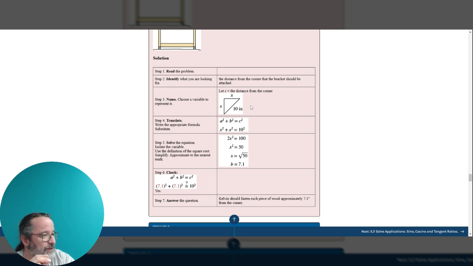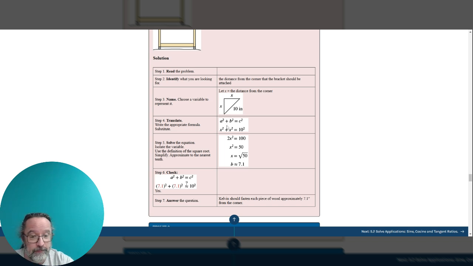Does anybody know what a triangle with two equal length sides is called? Isosceles triangle. Any triangle with two sides that are equal in measurement is called an isosceles triangle. This one just happens to be an isosceles right triangle, so we already know that one angle is 90 degrees.